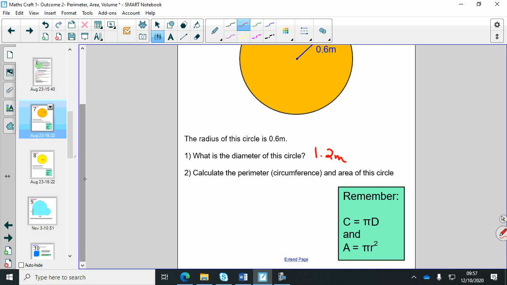So I've got the formulas here. The circumference is going to be pi times diameter. So that is going to be pi times 1.2. I'm going to use the pi button on my calculator. Now, if it comes up with a fraction and then the pi symbol, you need to press this button on your calculator.